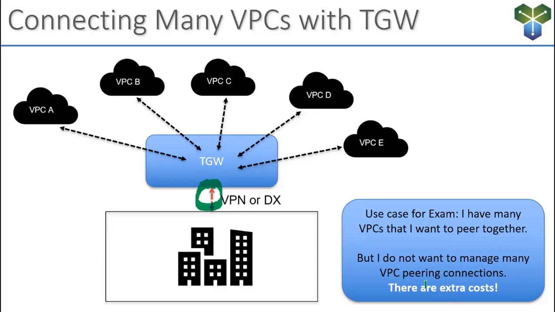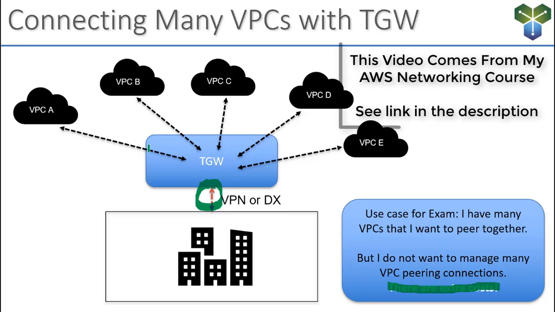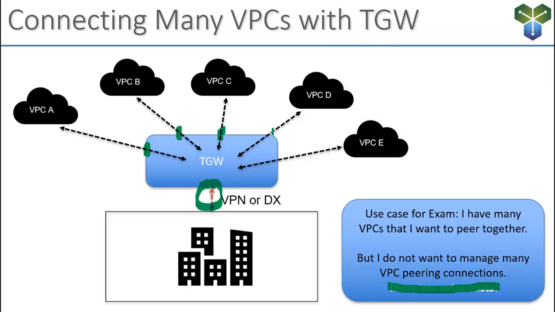Now, there are additional costs with the transit gateway that we need to be aware of. With the transit gateway, you are going to pay for each of these attachments. So for everything that you're attaching to the transit gateway, every VPC, you are going to pay an hourly cost. You're also going to pay per gigabyte for all of the data that flows through the transit gateway.